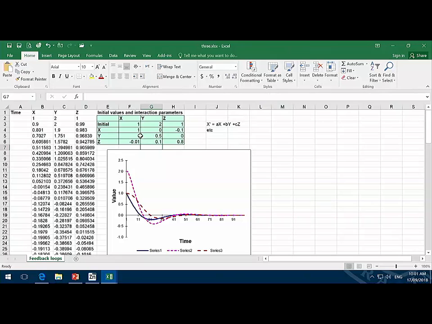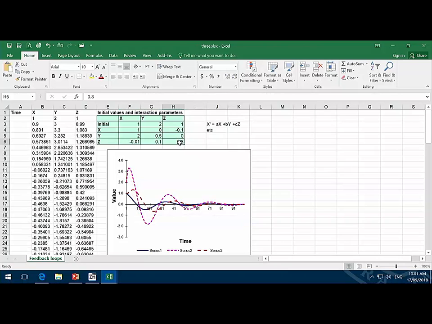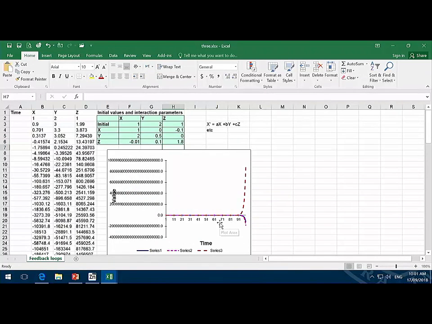If I make the numbers a bit different, put some big numbers in here, so here we're getting a very convergent behaviour. If I just make, yep, I can get divergent behaviour as well, where the numbers grow off to infinity in different directions.